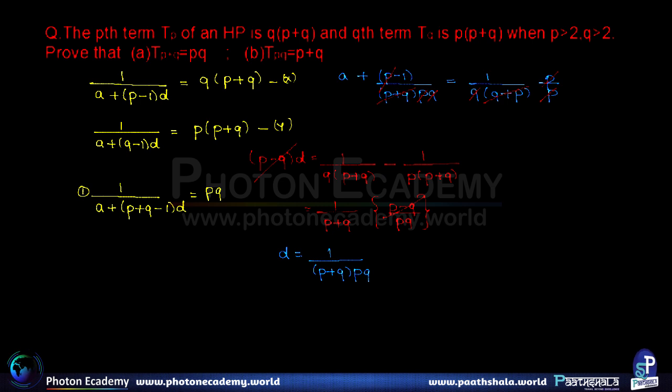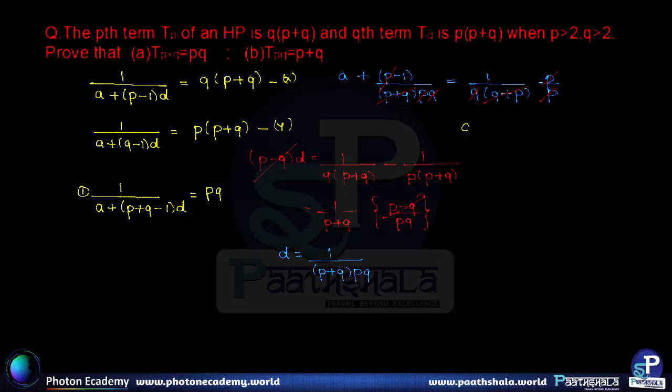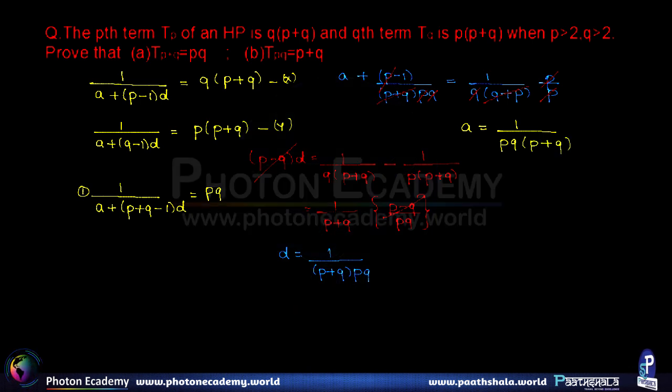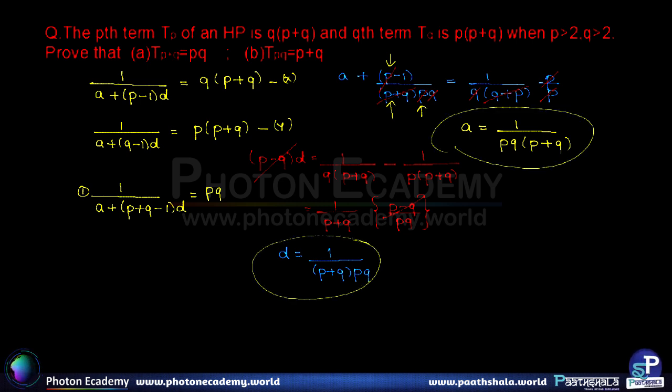So we get A is equal to 1 upon, we are left with PQ into P plus Q. The cancelling out of this term was only for the term P. So we find that D and A are equal to each other.